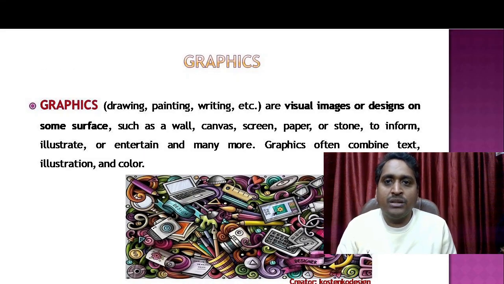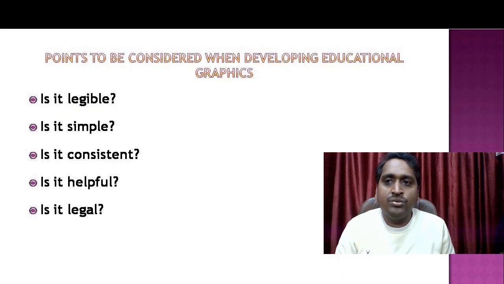Let's see what points should be considered in the development of educational graphics. First, is it legible? Make sure the image can be understood on all the devices students are likely to use, and when viewed by students with some forms of visual impairment such as color blindness.